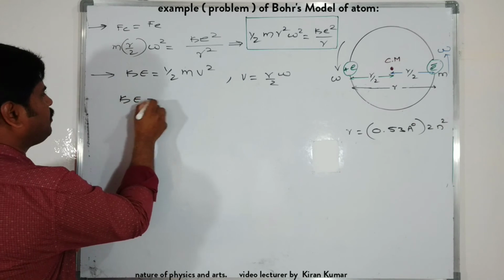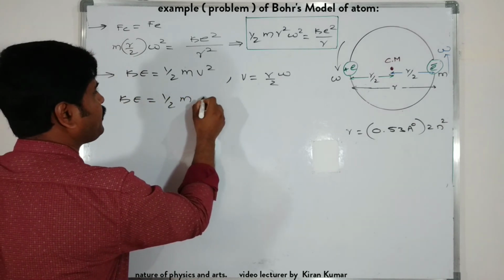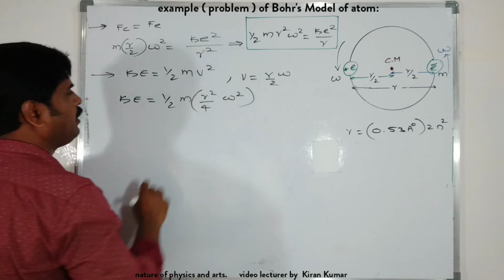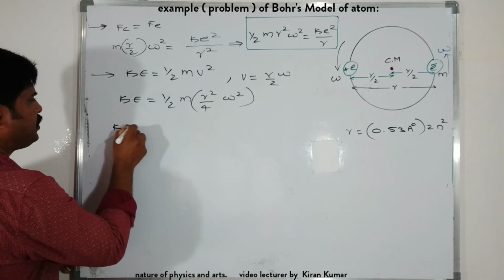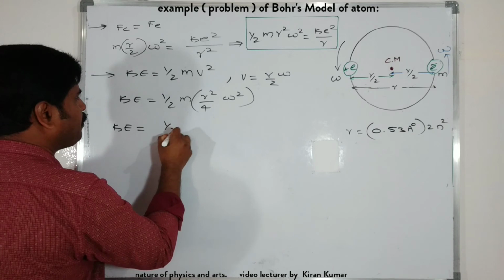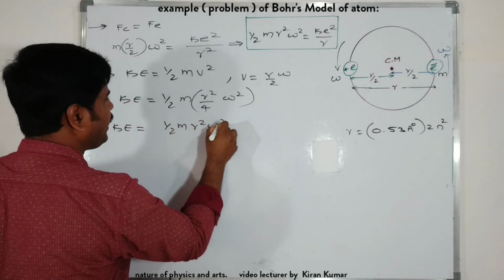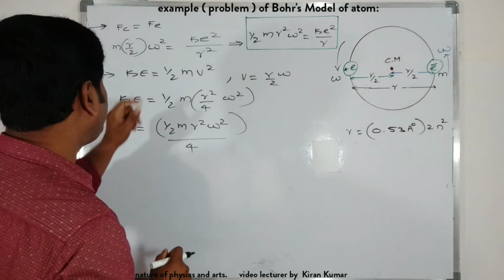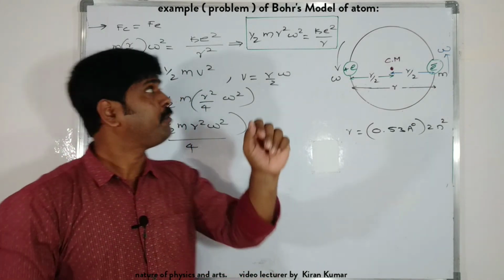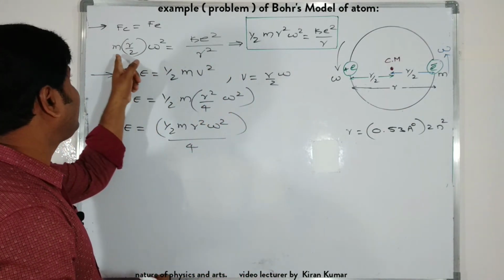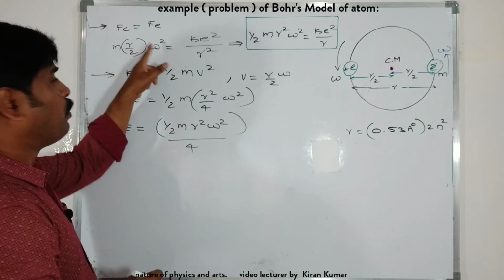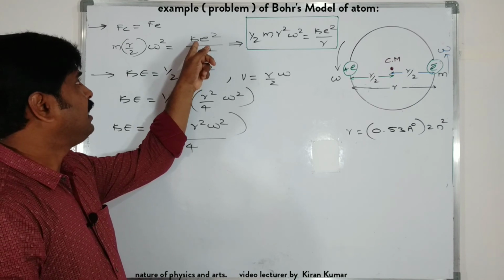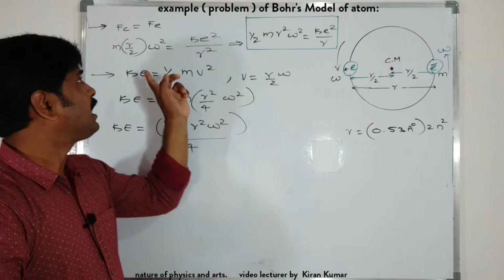So kinetic energy is equal to 1 by 2 m R square by 4 omega square, that is 1 by 2 m R square omega square divided by 4. Initially we did centripetal force provided by the electrostatic force, then here m r omega square, here r is R by 2, here electrostatic force, that is K E square divided by R square.